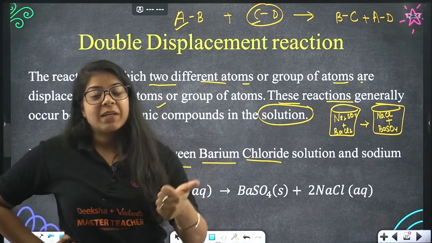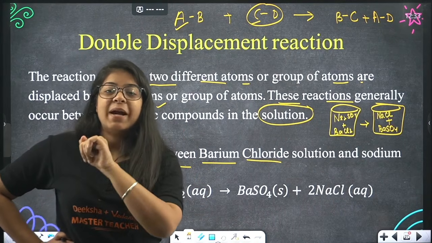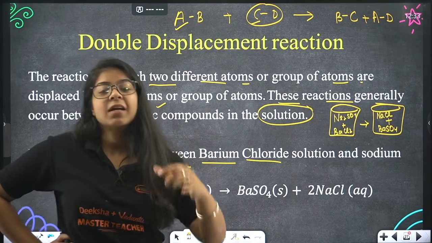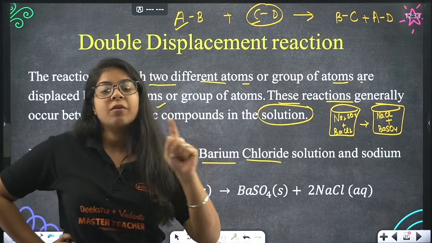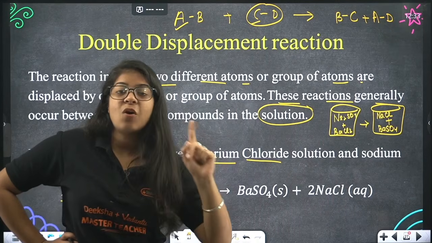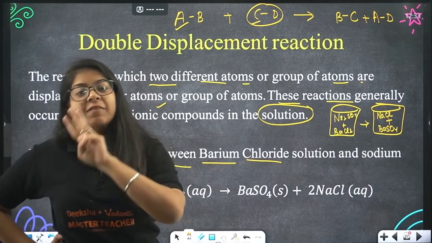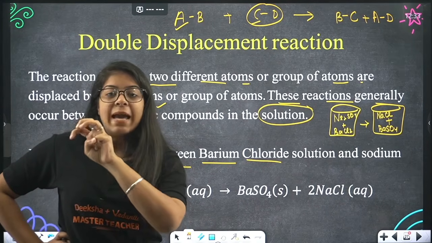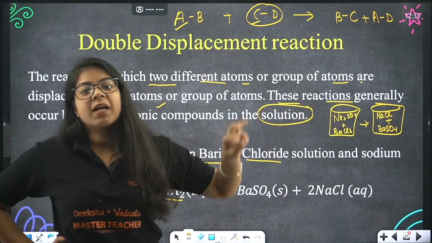What was that? Combination reaction: two or more reactants combined together to form a single product. Then decomposition: one reactant breaks down into two or more products. Displacement reaction: when one element displaces another element from its compound to make a different product.